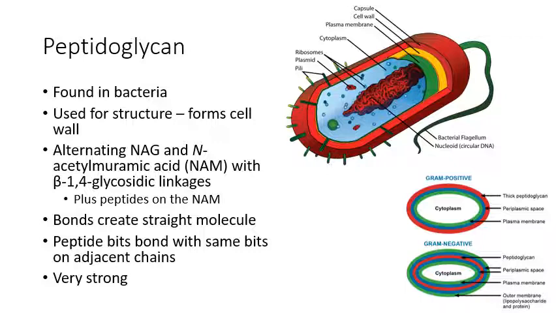The difference between peptidoglycan and cellulose or chitin is going to be the monosaccharides that it's composed of, and also the way that different chains are attached to each other. So in cellulose, you have beta-glucoses making up each chain. In chitin, you have beta-NAGs.